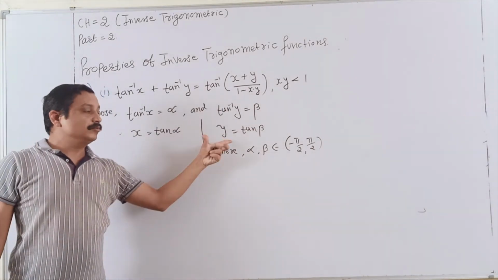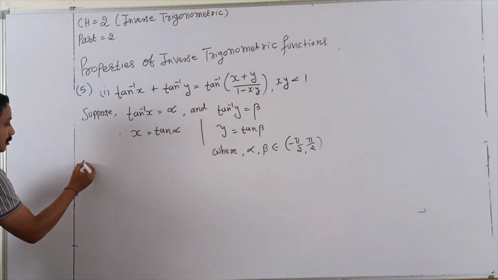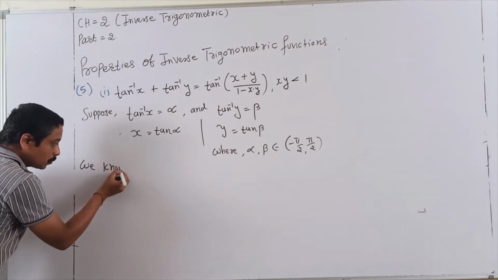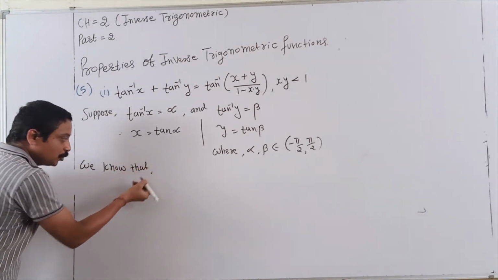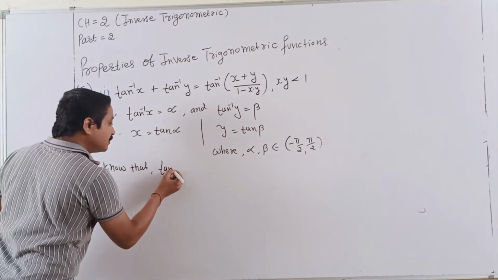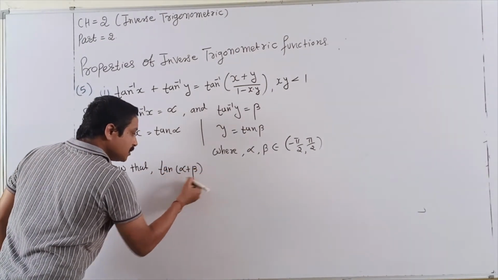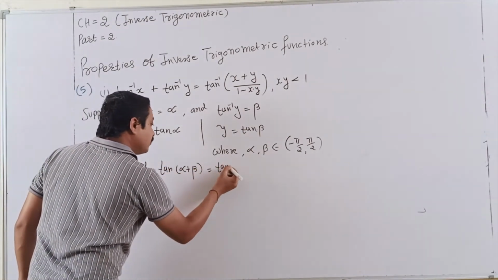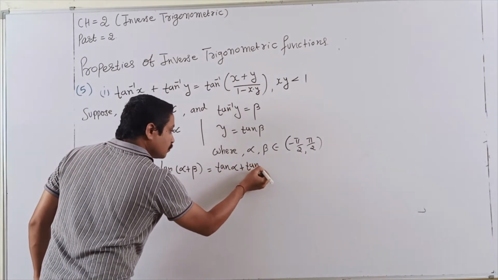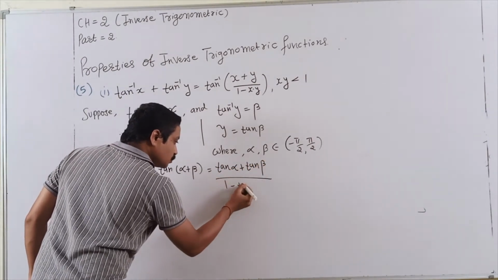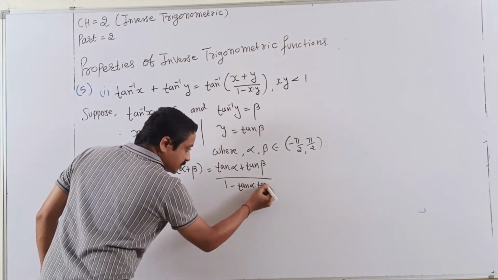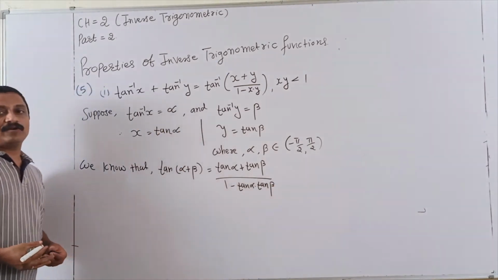Now, for both values apply the standard formula. We know that tan of alpha plus beta is equal to tan alpha plus tan beta upon 1 minus tan alpha tan beta.